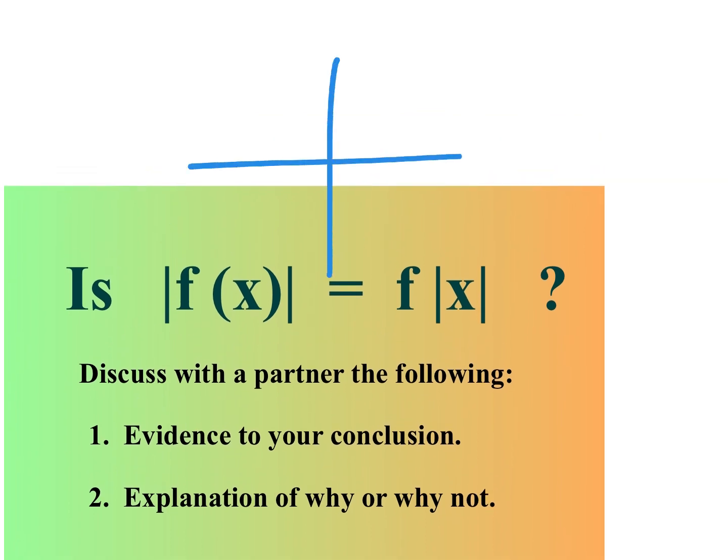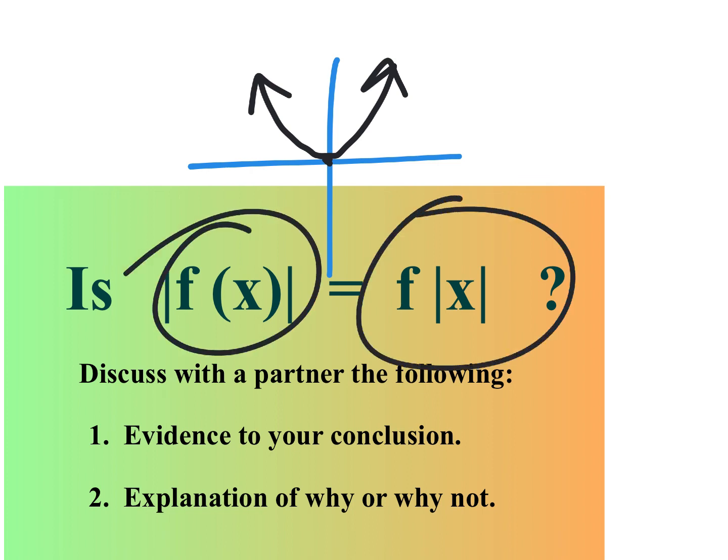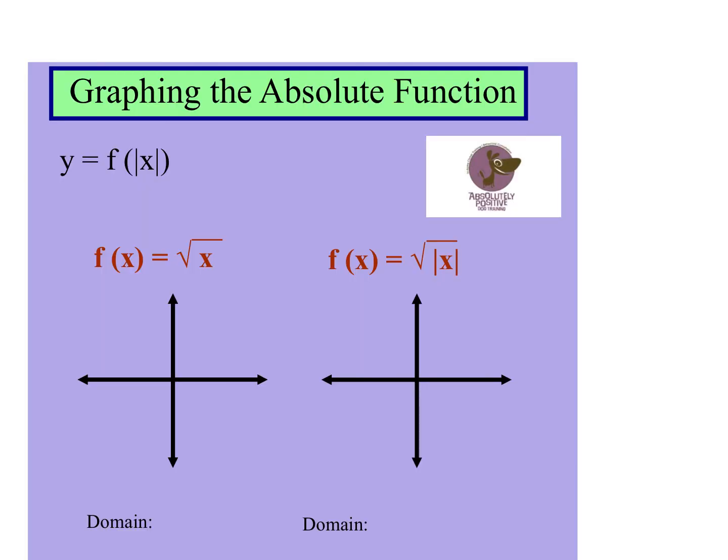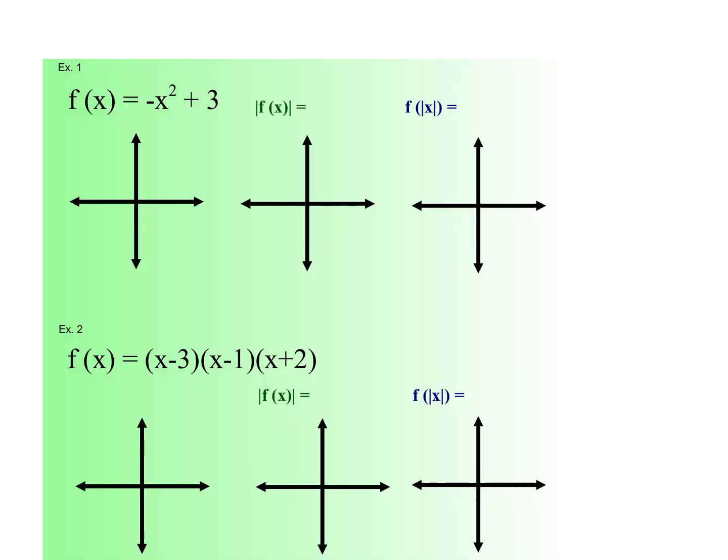Would you agree that this function right there, when I absolute value it around the outside, absolutely nothing would happen? And when I absolute value it on the inside, then that whole left side disappears and you flip it over and nothing happens. Do you get that in that moment? They are equal. So it depends on the function. If the function doesn't change at all, well then sure. So it kind of depends. All right. Not going to do that one.